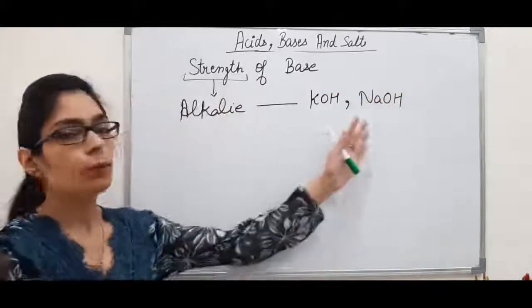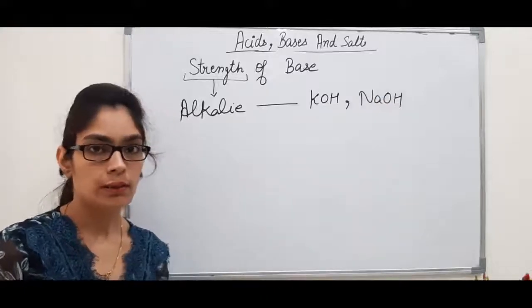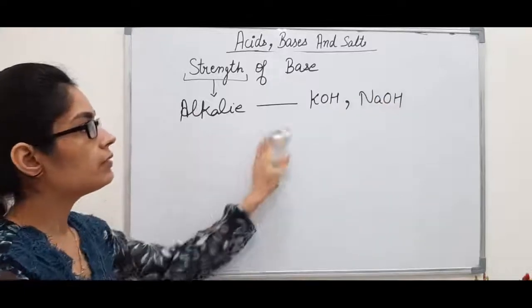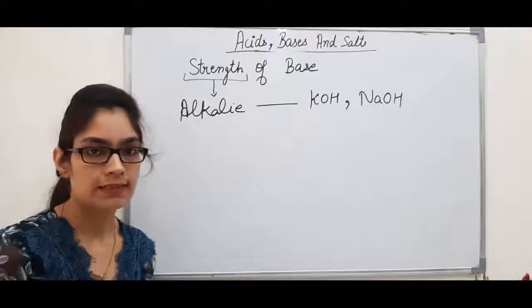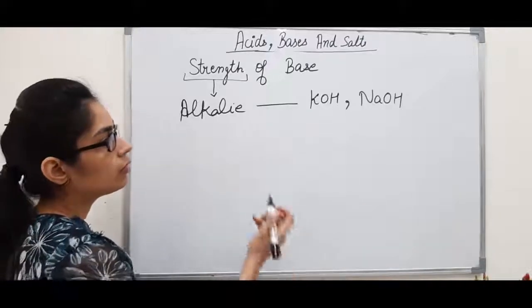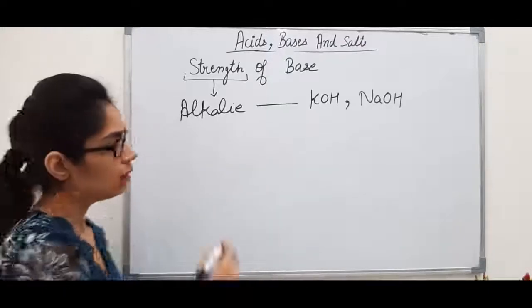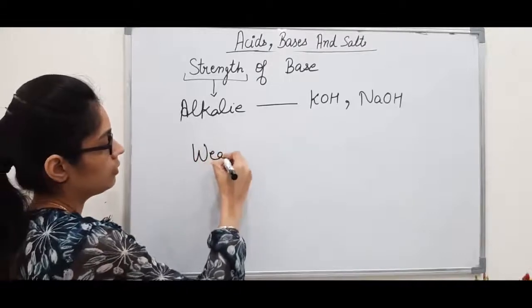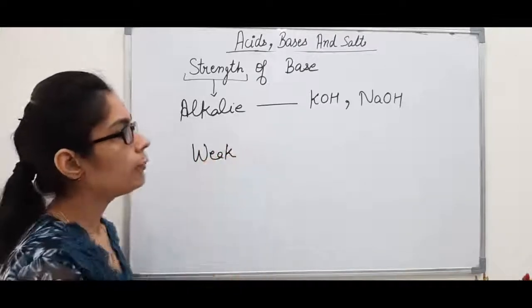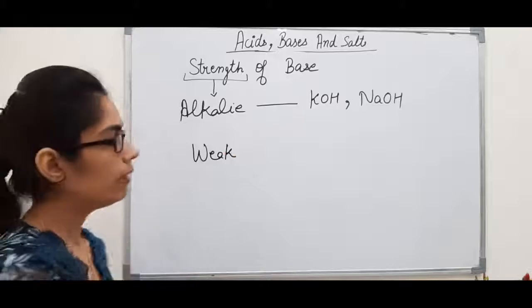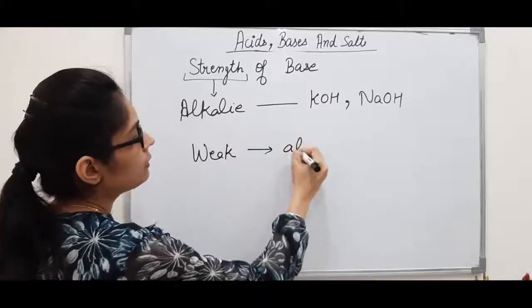So only these two bases are included in your syllabus, and these two come under strong bases. So apart from this, all the bases will be weak bases. Apart from sodium hydroxide and potassium hydroxide, all bases are weak.